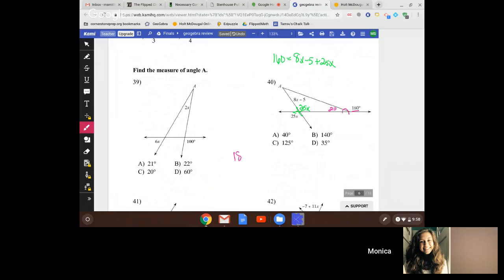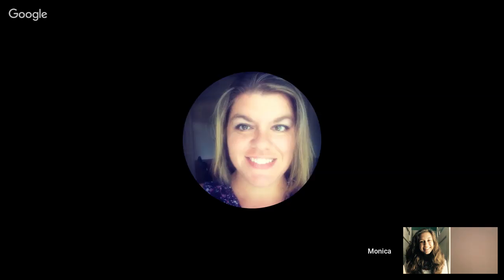So you could also set it up like this: 180 equals 8x minus 5 plus 25x plus 20. Either way would get you to where you need to be for the answer. Does that help for 40? Okay, let me pull up 65.